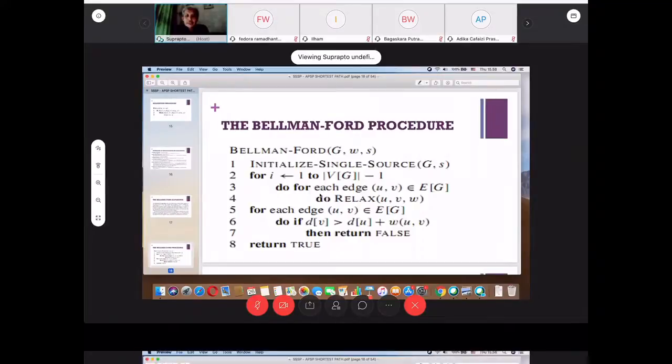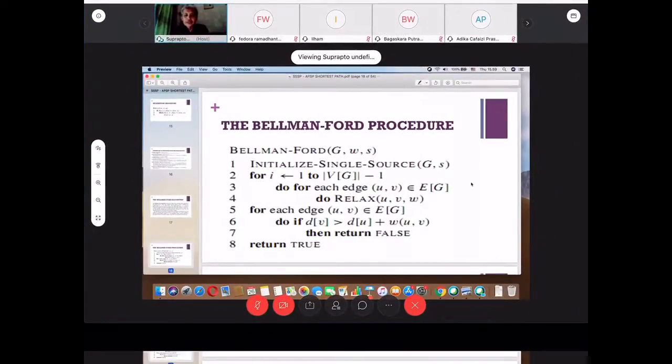And after relaxing for all edges in the number of vertices minus 1 times, so it's an iteration, right? Starting from line 2, the number of vertices minus 1 times iteration. And in each iteration, there is a loop over the number of edges, right? Okay.